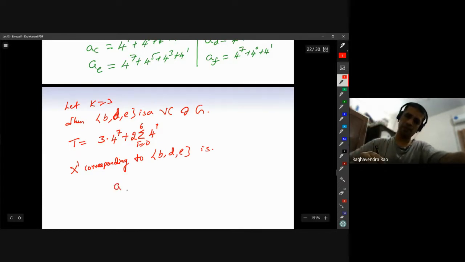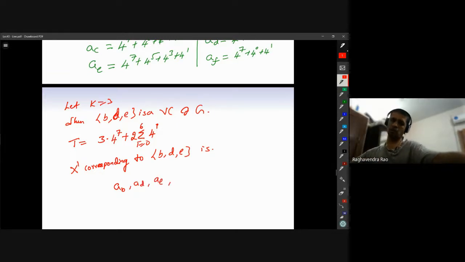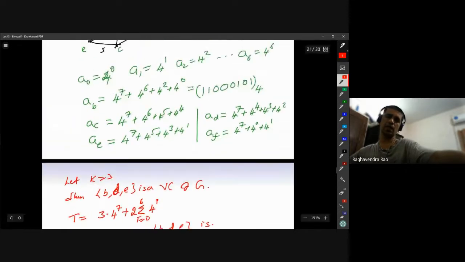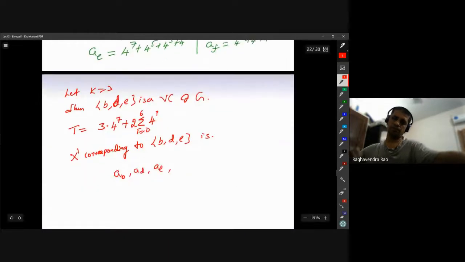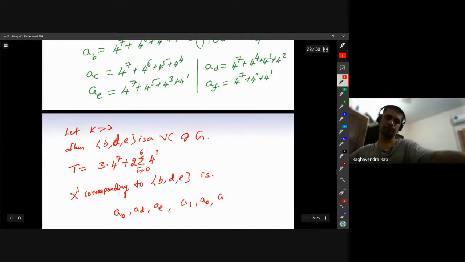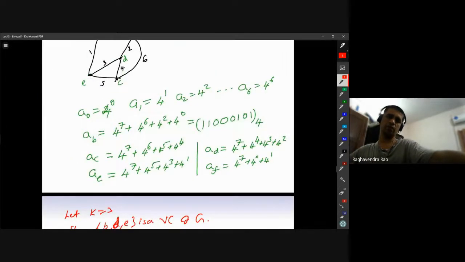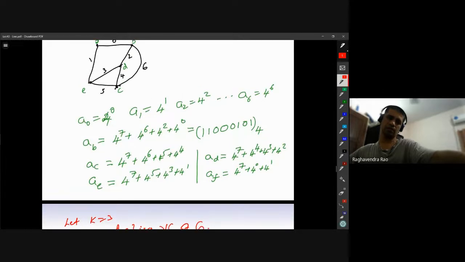X prime is AB, AD, AE, and what else? Those edges that correspond to exactly one endpoint, that is A1, A0, A5, A6, A4.